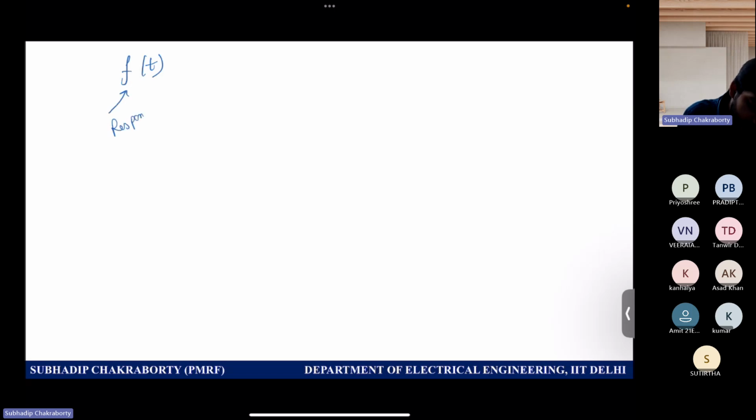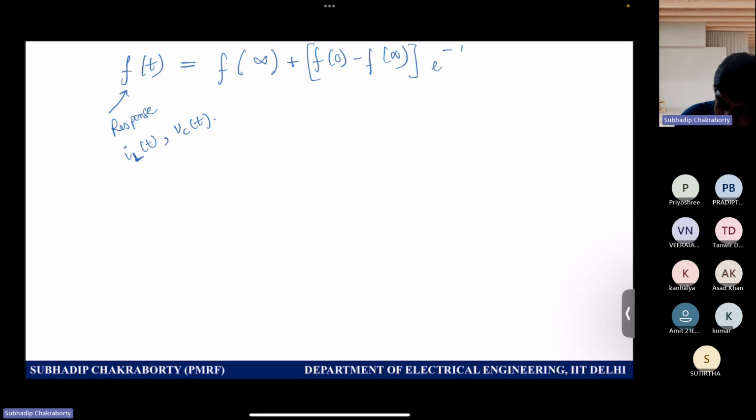Whatever response you want to determine, the current through the inductor or the voltage across the capacitor, you can determine it. Simply, it is equal to the final value plus initial minus final value into e to the power minus t by tau. Tau is the time constant of the circuit.